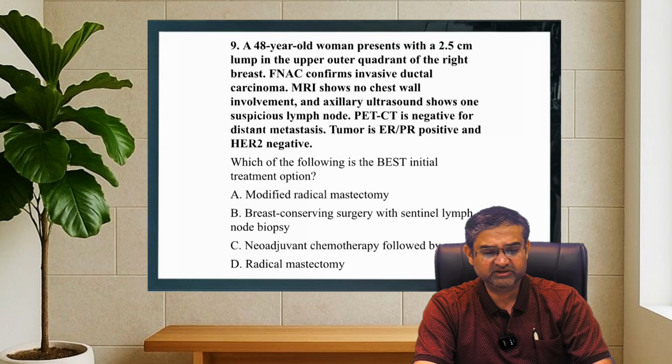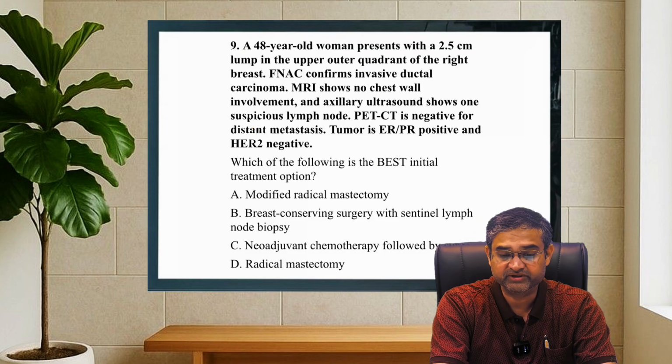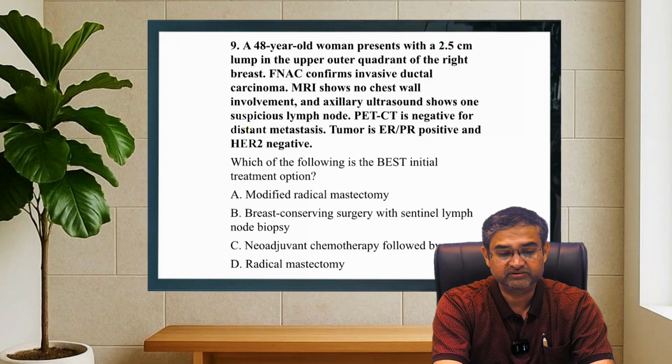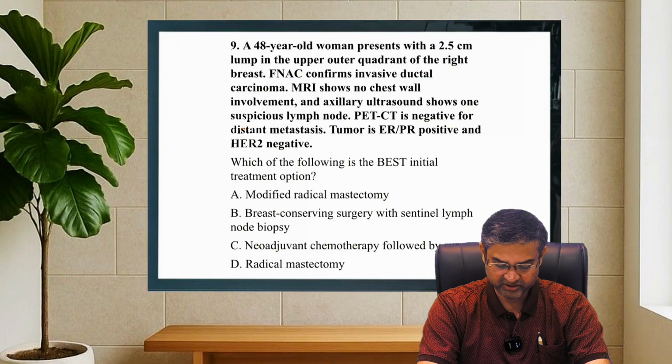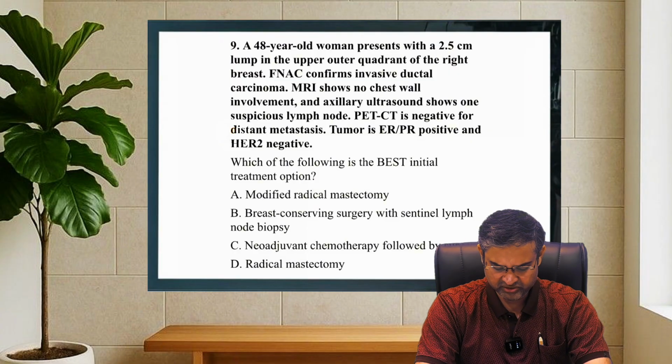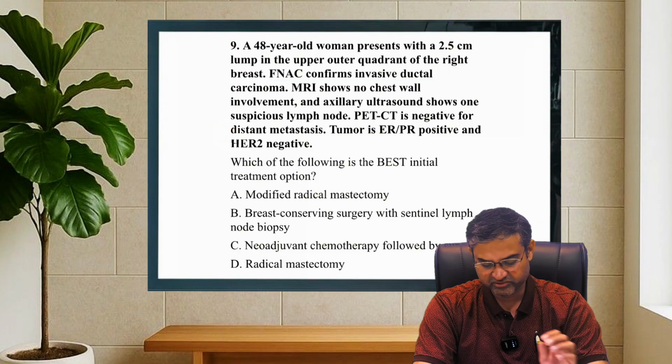In this patient, the tumor size is 2.5 centimeter and location is upper outer quadrant. And we have FNAC showing ductal carcinoma, no chest wall involvement, lymph node is N0, ER-PR positive and HER2 negative.